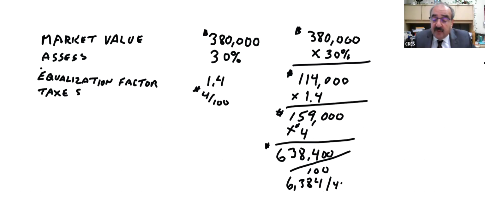But you have to be careful on a state exam. That's the taxes for the year, but pay attention when they ask the question. They might ask for the monthly taxes. They might ask for the first installment.